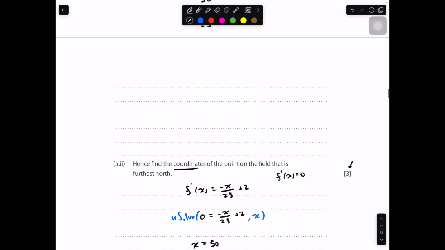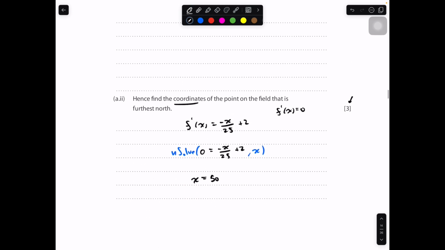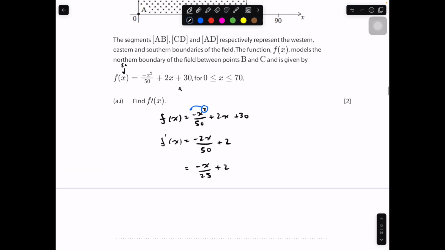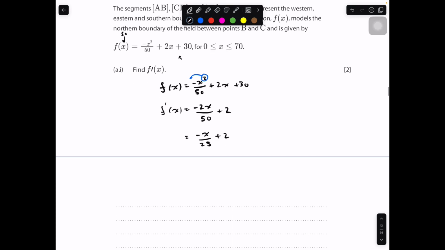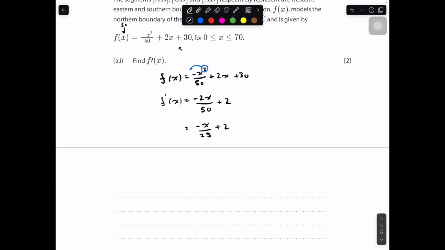To be honest, I'm wondering about this. The "hence" indicates that they're asking you to use previous information here. They're asking you to use the derivative. And I'll bring up the mark scheme. Let's have a look.